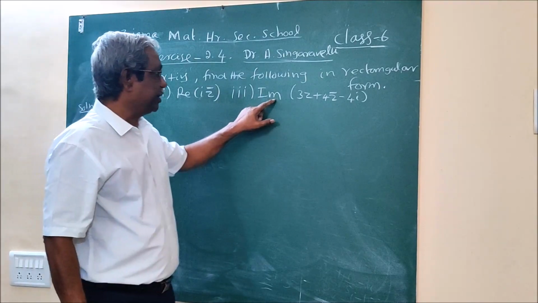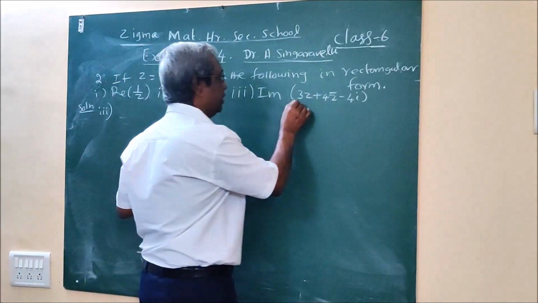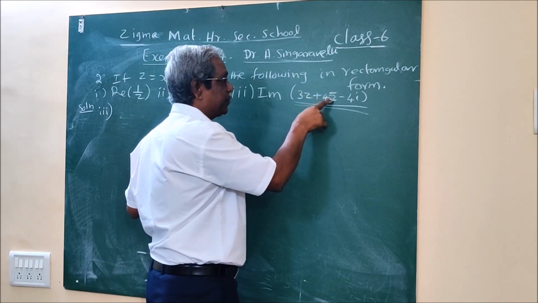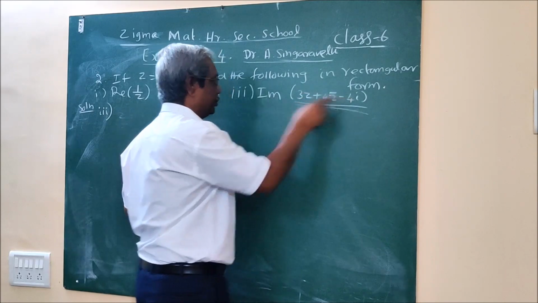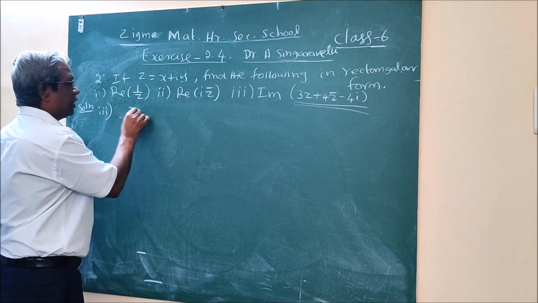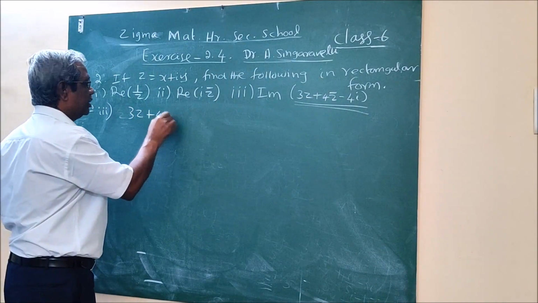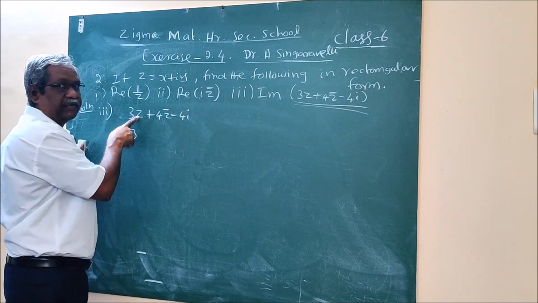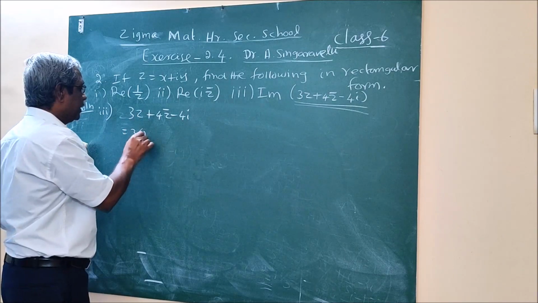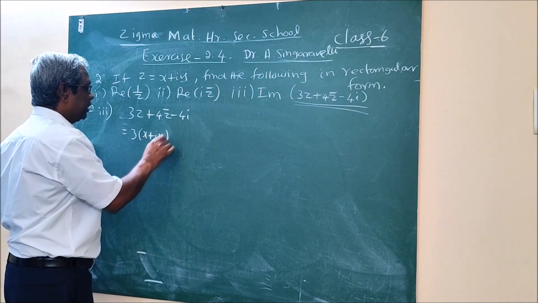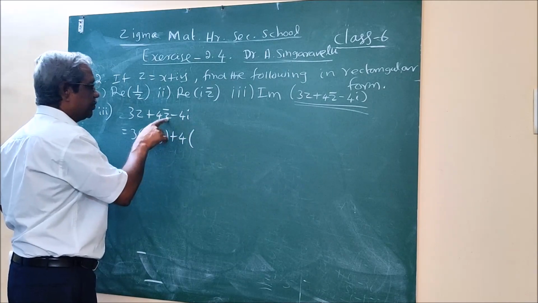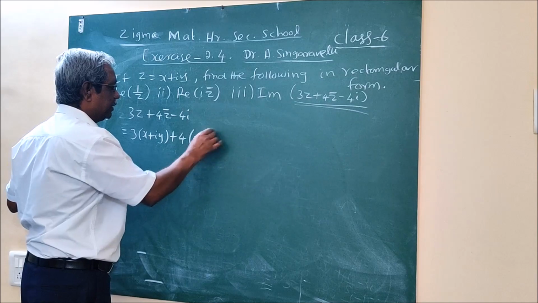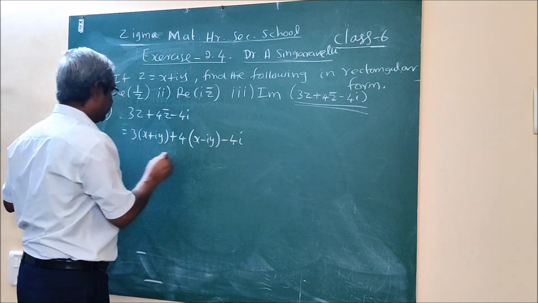Next, the imaginary part of this complex number. Z is x plus iy, z bar is x minus iy. You substitute. So 3z plus 4z bar minus 4i is equal to 3 into x plus iy, plus 4 into z bar, that means x minus iy, minus 4i.